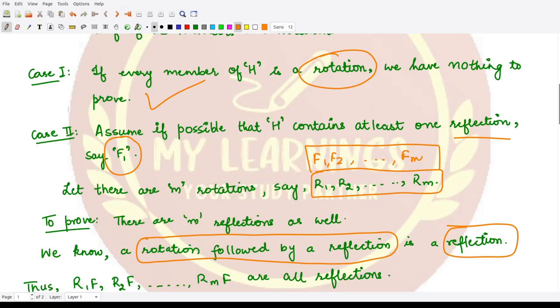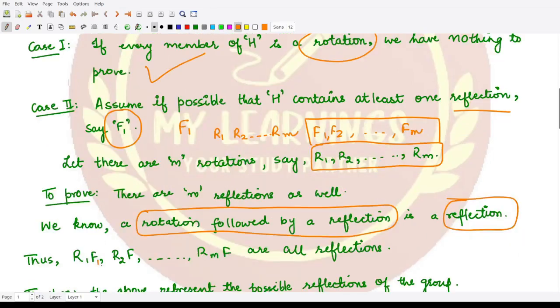So if we take the reflection F1 and the rotations R1, R2, R3 up to Rm, then R1 composed with F1, R2 composed with F1, Rm composed with F1 would all also be reflections, right? They are all distinct, and if we only have these many of them and there are no other reflections, then we are done because they are also m in number, right?